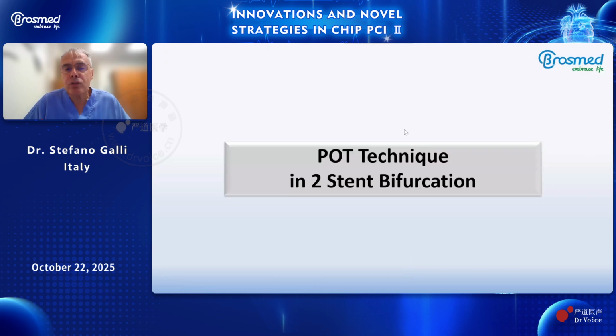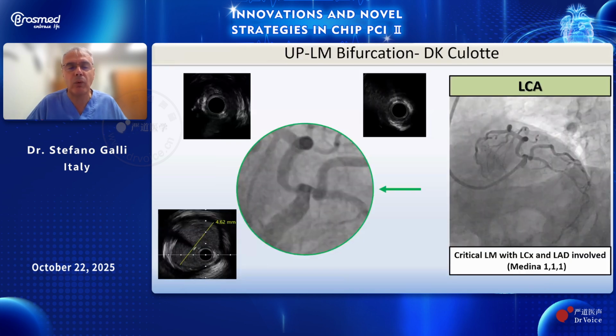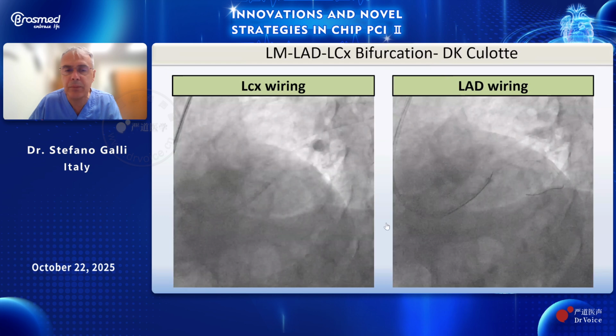Obviously, POT technique in two-stent bifurcation is mandatory, of a different type, to facilitate the rewiring and to open very well. This is a typical case where there is a big discrepancy between the main stem and the branch, LAD and circ. And you see the images.